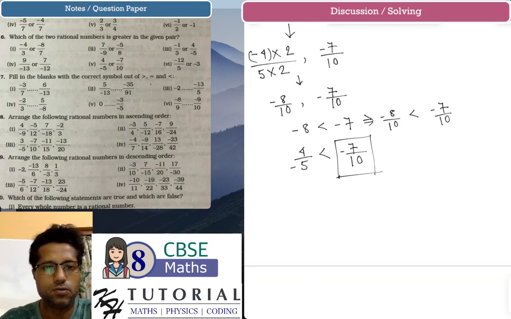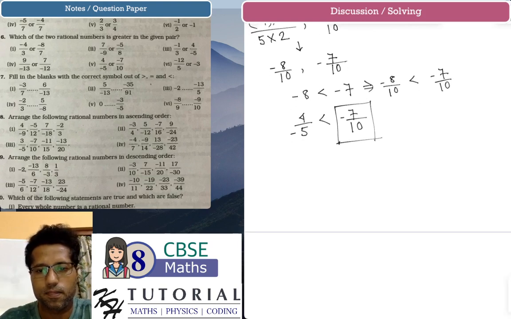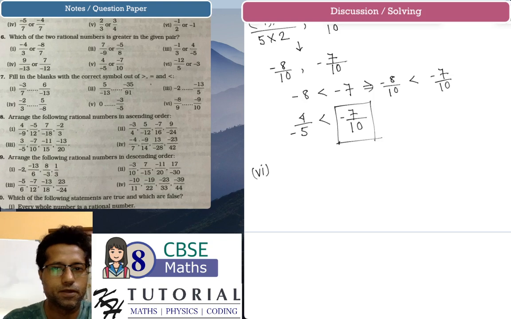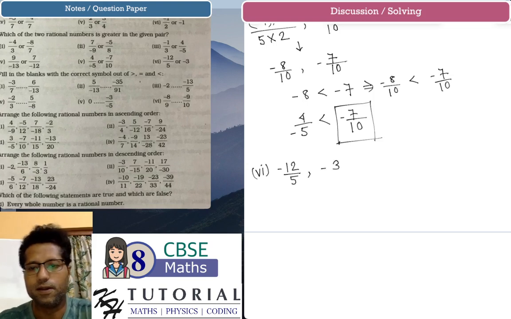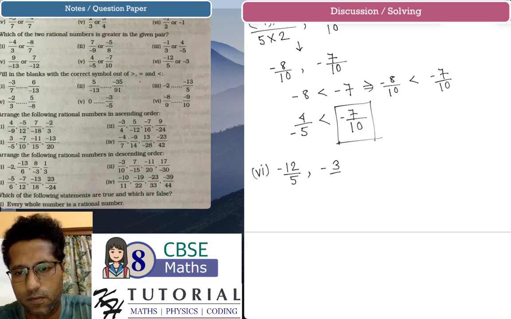Okay, let's do part 6. The pair of rational numbers are minus 12 by 5 and minus 3. Now minus 3, we can write it as minus 3 by 1.